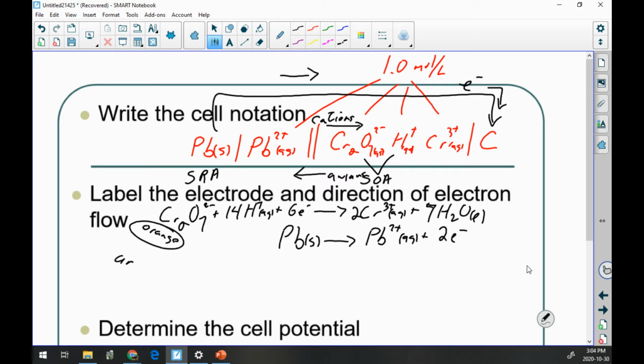The dichromate is orange, though. So the thing that creates the orange color is being used up. So you're going to have a less intense orange at the cathode. And then we have the hydrogen ions being used up also.